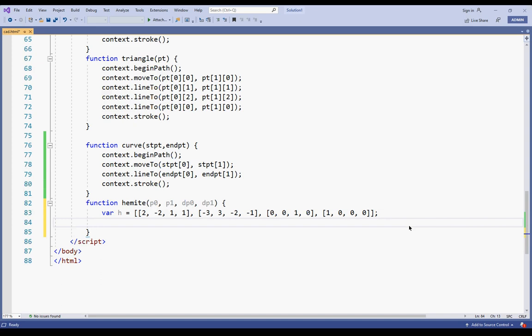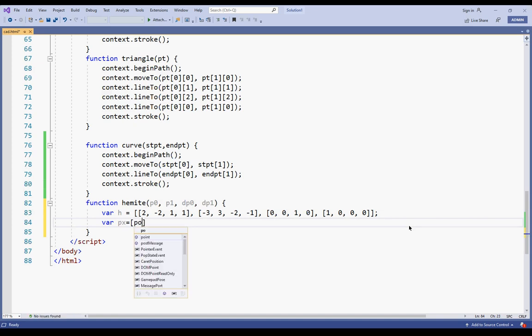Now let's create a matrix Px, that is for the x coordinate. var Px equals, so it is a one-dimensional array.